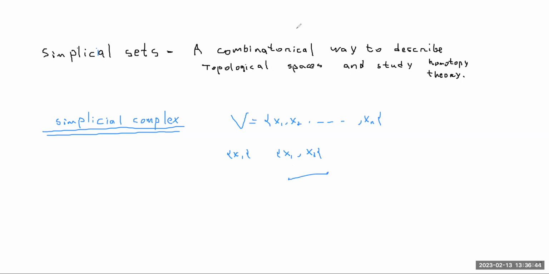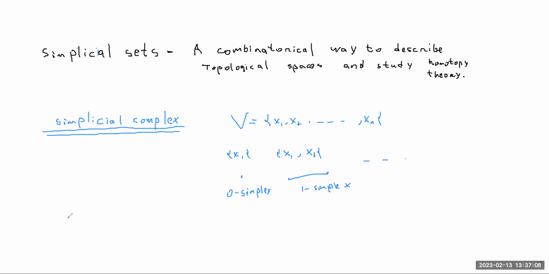This is a 1-simplex, this one is a 0-simplex, and so on. A pyramid is a 3-simplex, but we need to glue them along simplices as well.